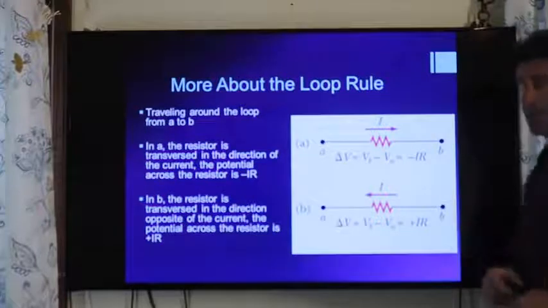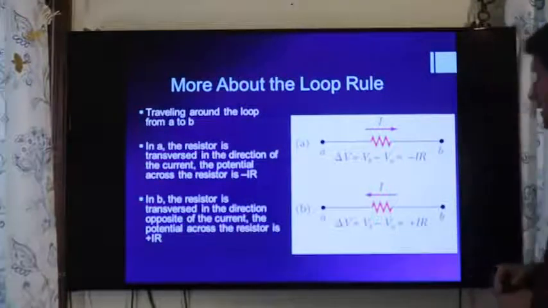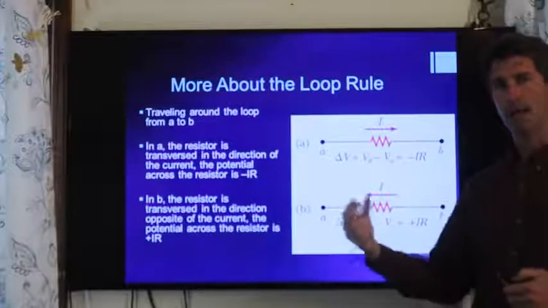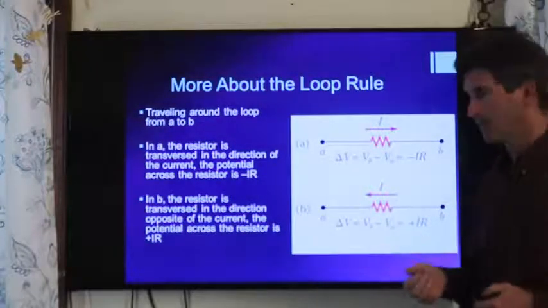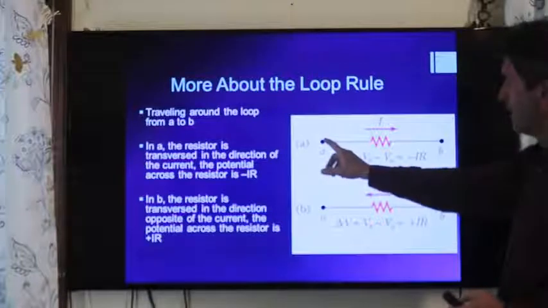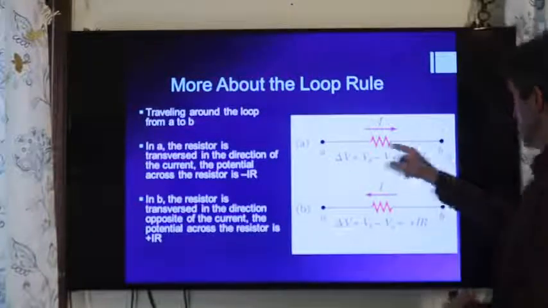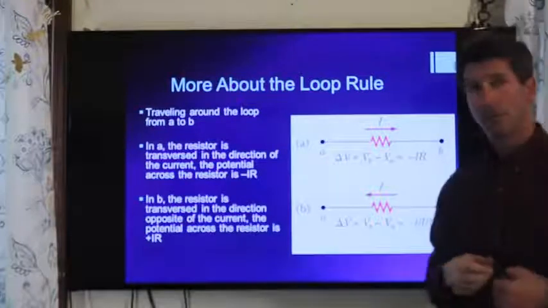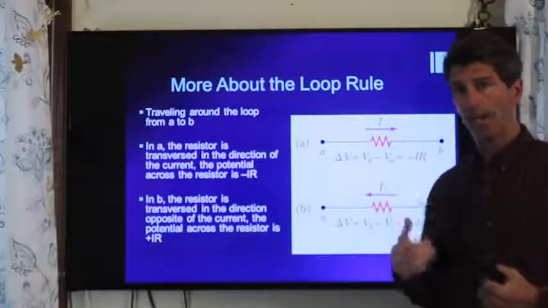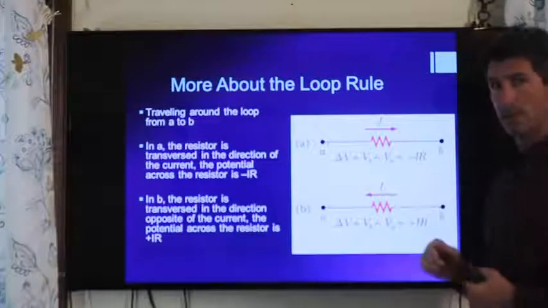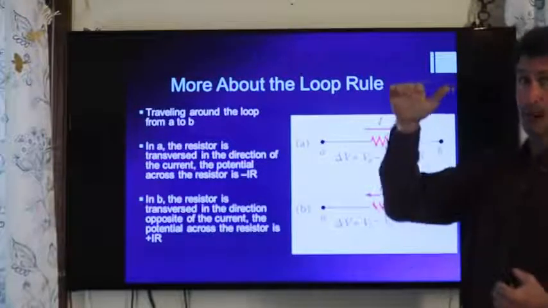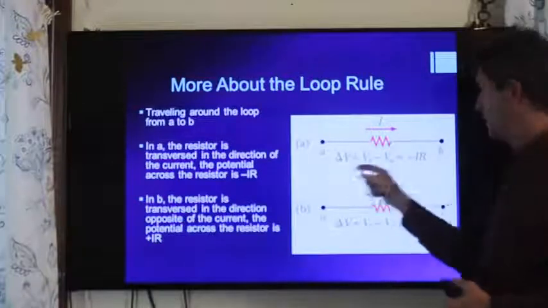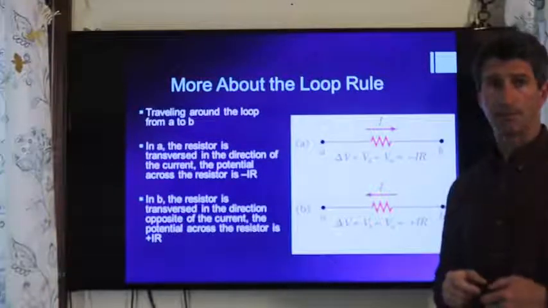So for instance, when we're applying the loop rule, we have to be careful as to which way the current is going. For instance, if I'm following a loop and it's going from A to B, the loop is going to go around the whole circuit, but at one point if it's going from A to B, the voltage difference from A to B, if it's going with the current, okay, remember current goes from high voltage to low voltage, high voltage to low voltage means delta V will be negative as it passes through the resistor.